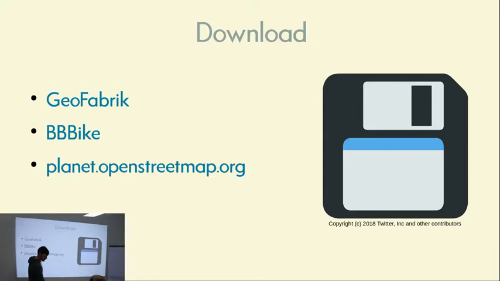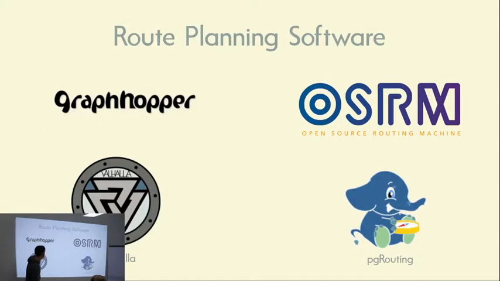So then how to process OpenStreetMap data. One very needed feature is route planning, and there's a lot of open source software. So GraphHopper is a Java-based routing engine, OSRM is C++, Valhalla also C++, and pgRouting is an extension for the PostGIS database.